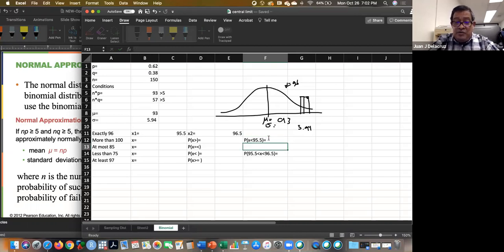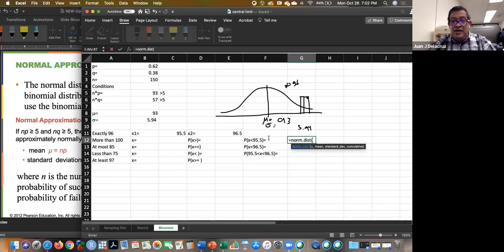And then here, I'm gonna measure the probability of x that is less than 96.5, right? So I'm gonna use the norm.dist, and my 95.5 is x.